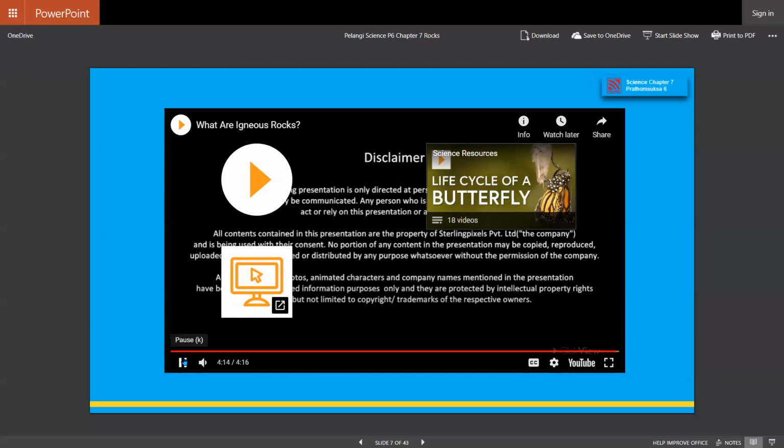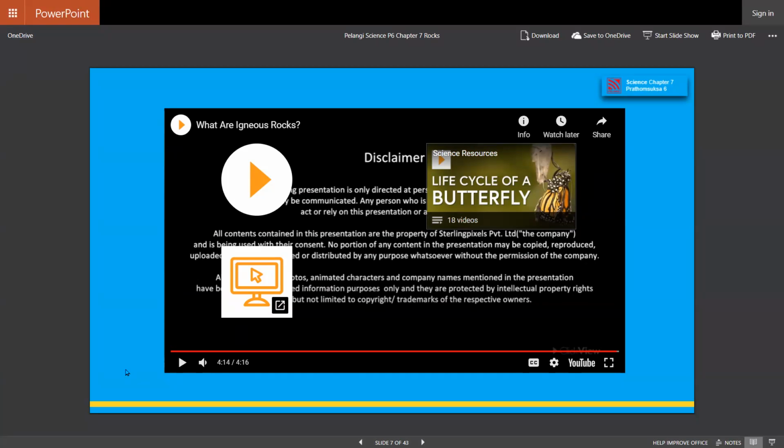Okay, we talked about this the last time, so I hope you know now what the types of rocks are. First, the extrusive igneous rocks. Those are the rocks that come out of a volcano and cool down faster, or cool quickly, okay?